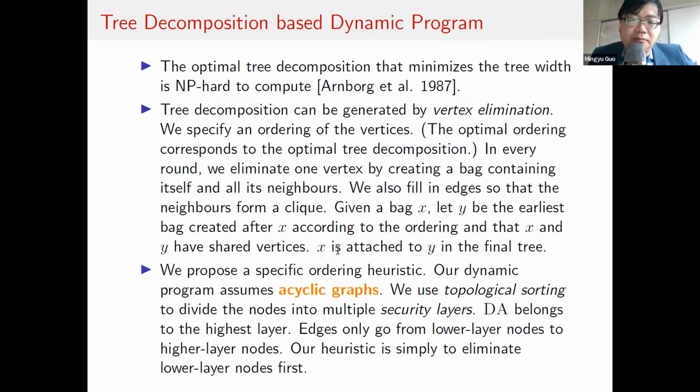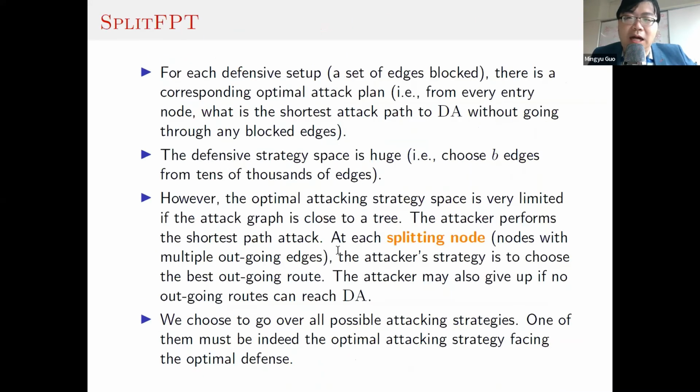Okay. And now our third algorithm, we call it SPLITFPT. And here we use maybe an interesting idea. Essentially, the observation is that for each defensive setup, a set of edges blocked, there's a corresponding optimal attack plan.